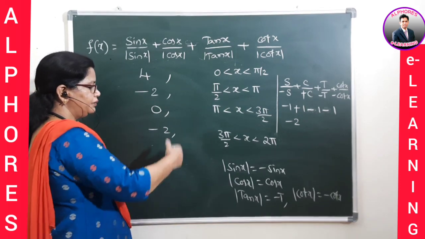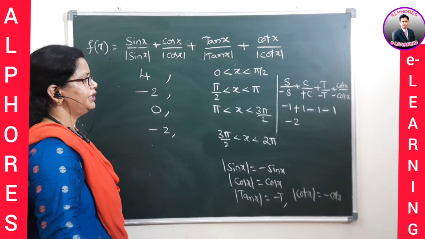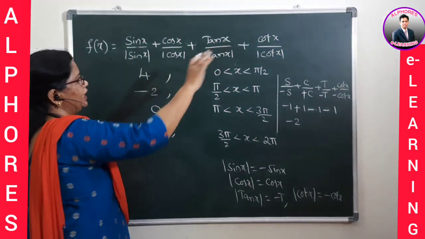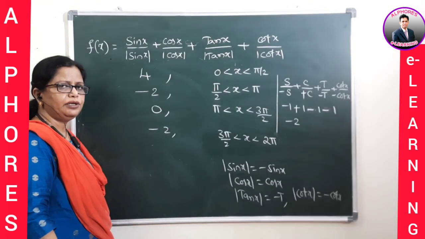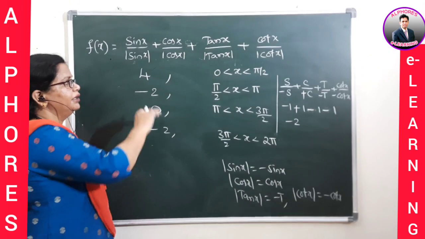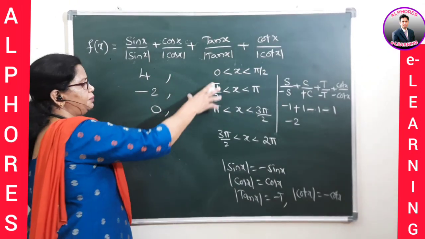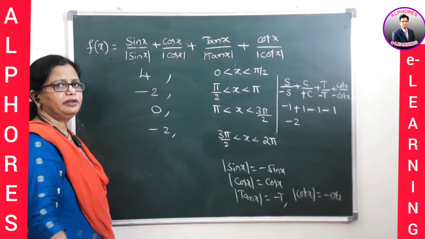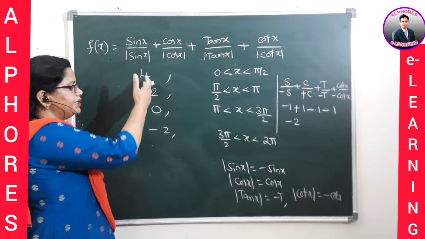Now, no need of proceeding further, because here we use the concept of period. The period of the entire function, students, is nothing but 2 pi, because the LCM of pi comma 2 pi is 2 pi. So, within the period, if you find the values, then they will repeat for other values also in the same order.